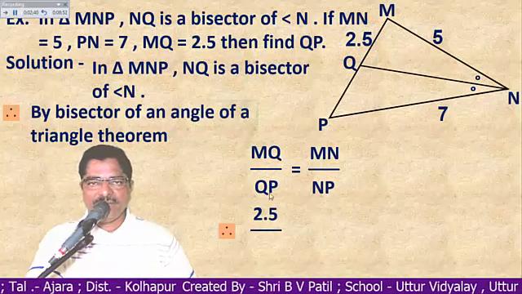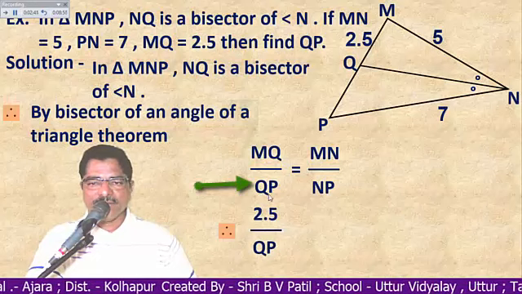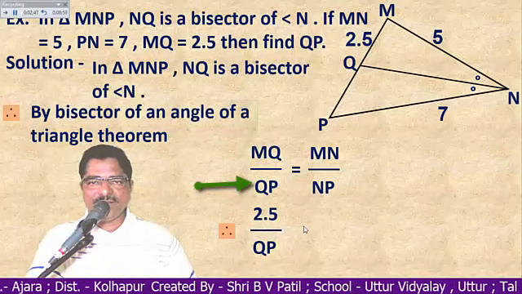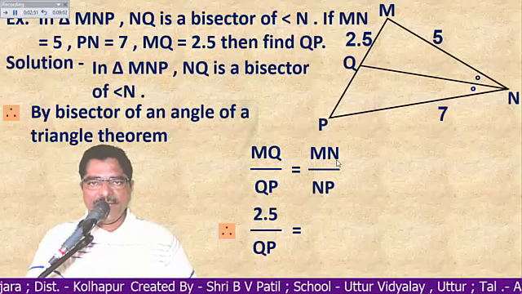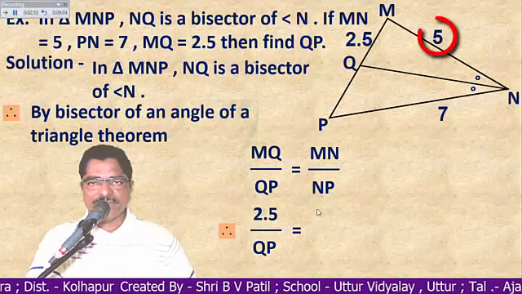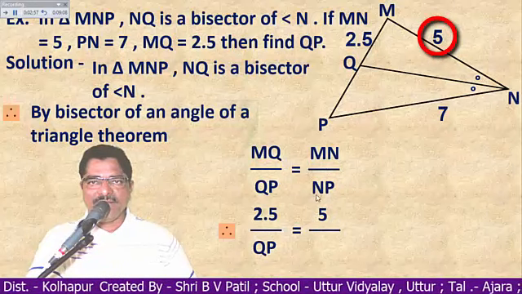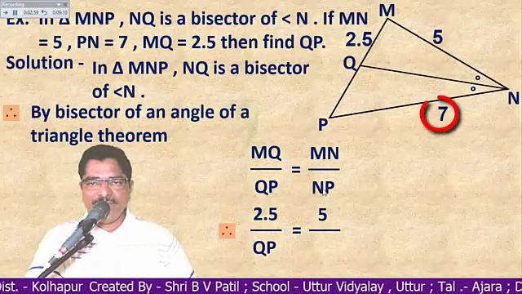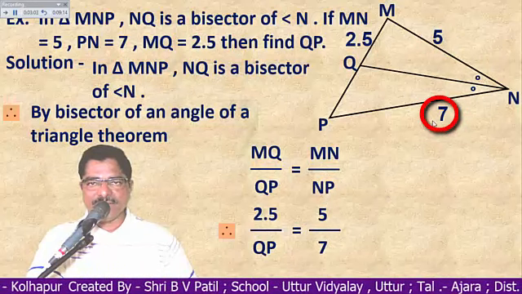Then substitute values. The value of MQ is 2.5 divided by the value of QP, which we find, is equal to the value of MN, that is 5, divided by the value of NP, that is 7.